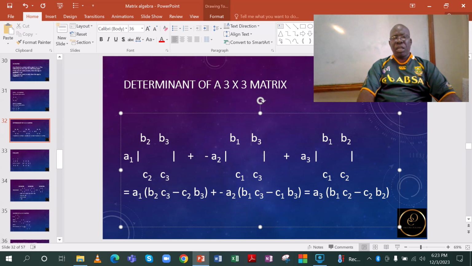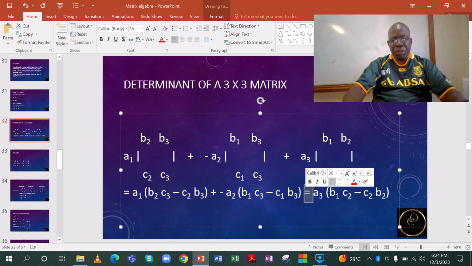Once you have done that, you can find the determinant by looking at the determinants of these minors. It will be A1 (B2 times C3 minus C2 times B3), plus negative A2 times the determinant of B1 multiplied by C3 minus C1 multiplied by B3.